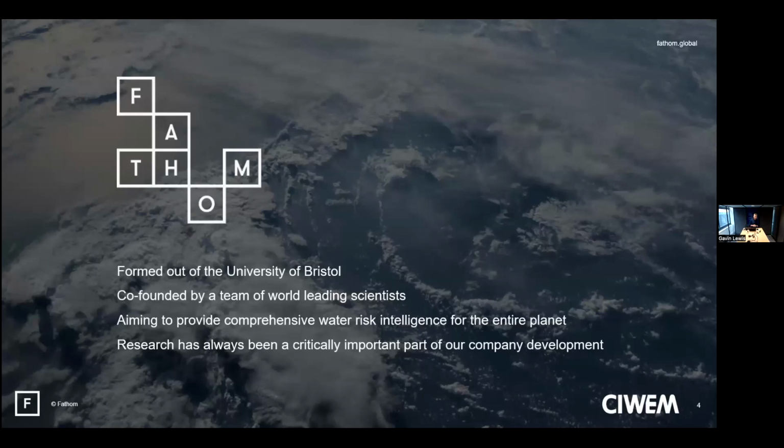Before we start, I'll give you a bit of background as to who we are at Fathom. Fathom was formed by two PhD students here at Bristol who were researching methods to build better flood models at global scales. And they set up this business to provide a much better understanding of flood risk globally. Consequently, Fathom has developed a range of global flood maps in addition to high resolution flood maps for the UK, the US and Japan.